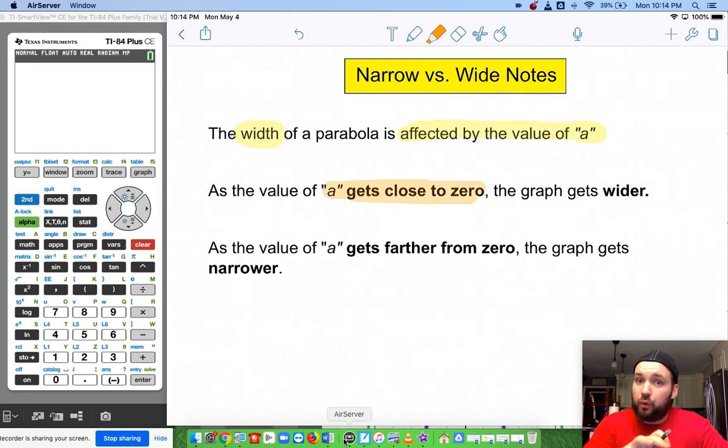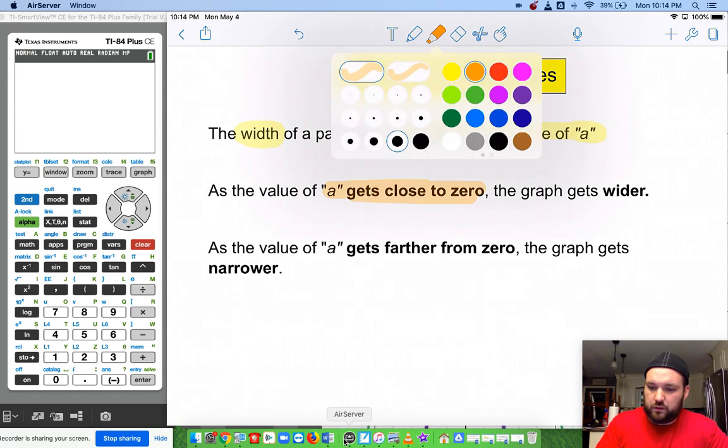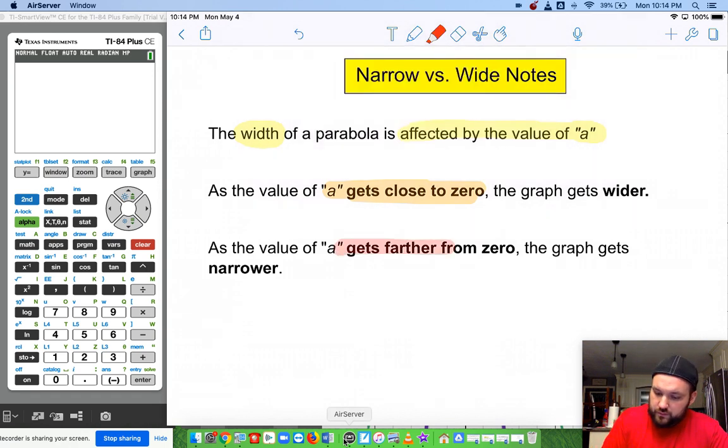Now, what's important here is that it doesn't matter whether it's positive or negative. The closer a is to 0, the wider the graph is going to be, and the farther from 0 that the value is, the graph gets narrower or skinnier.